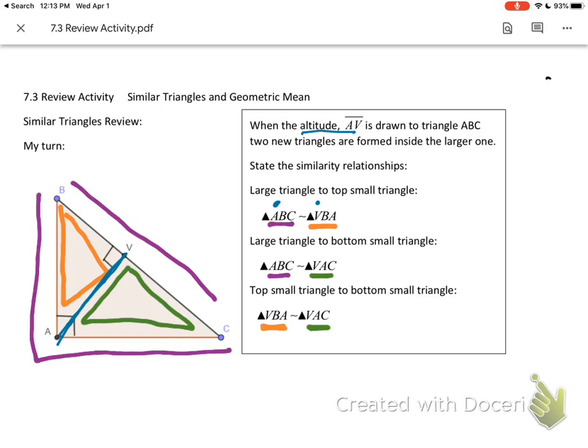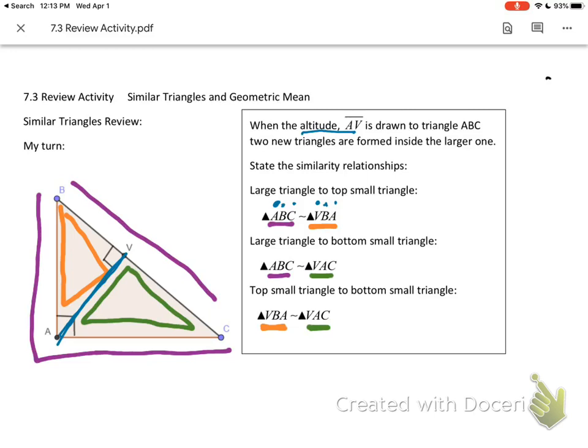What other angle has to be equal? Well, they both share angle B, so those angles have to be equal. If two of the angles in a triangle are equal, then because a triangle has 180 degrees, the remaining angle must be equal. That's the order that you want to present your answer to show you have similarity. Angle A equals angle V, angle B equals angle B, and angle C equals angle A.